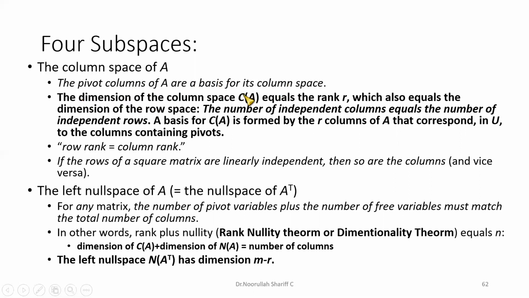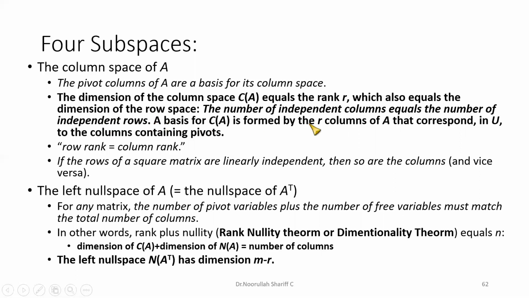The dimension of the column space C(A) equals the rank r, because it corresponds to the pivot variables. The number of pivot variables is naturally equal to the rank, which also equals the dimension of the row space. The number of independent columns equals the number of independent rows. Always we see that the number of independent columns and the number of independent rows are the same.